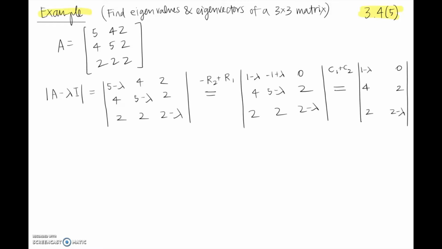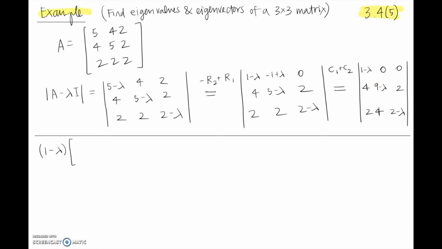Okay, so we're going to add these together. This plus this equals 0. And this plus this is 9 minus lambda. And this plus this is 4. And now I'll go ahead and find my determinant from there. I've got a lot of good zeros. I'll just do cofactor expansion along the top row.